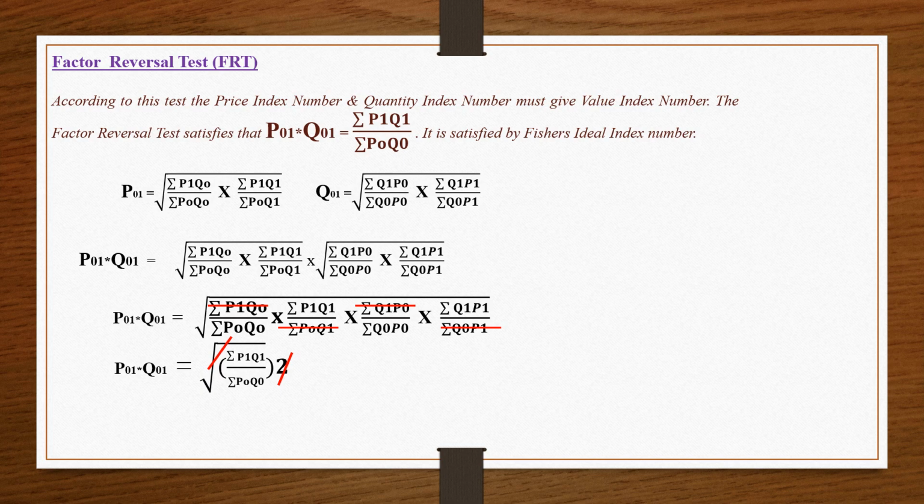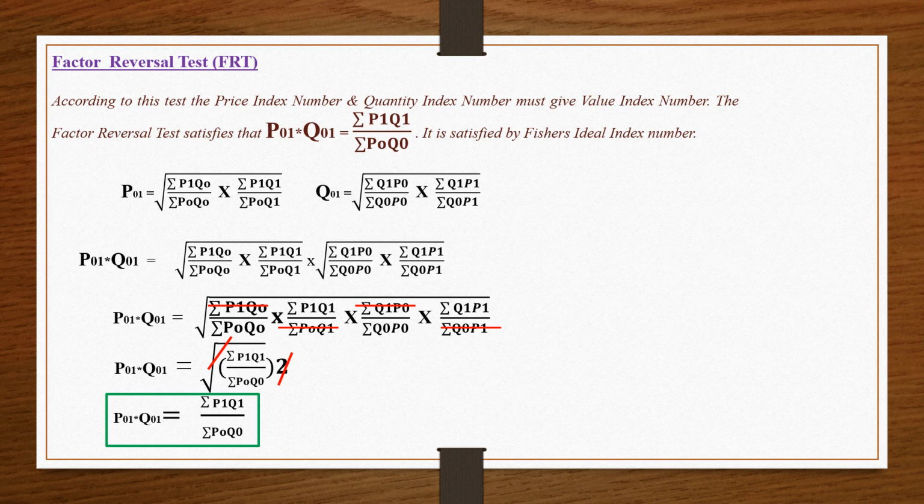Then the answer will be P01 into Q01 is equal to summation of P1 Q1 divided by summation of P0 Q0. So now I hope you all get this, how to prove the time reversal test as well as factor reversal test.